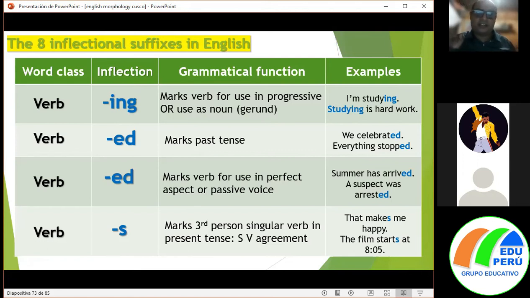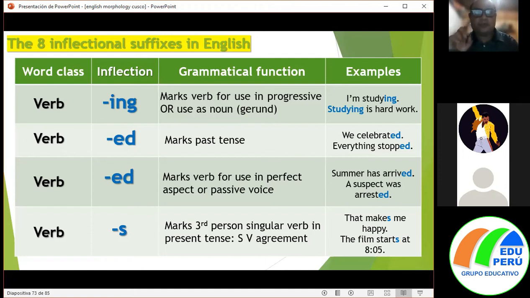Notice here, the S is indicating present simple, third person, singular. In simple words, he, she, it. The technical word, present simple, third person, singular. But in simple words, with the pronouns he, she, it. That's it. And you add the letter S.